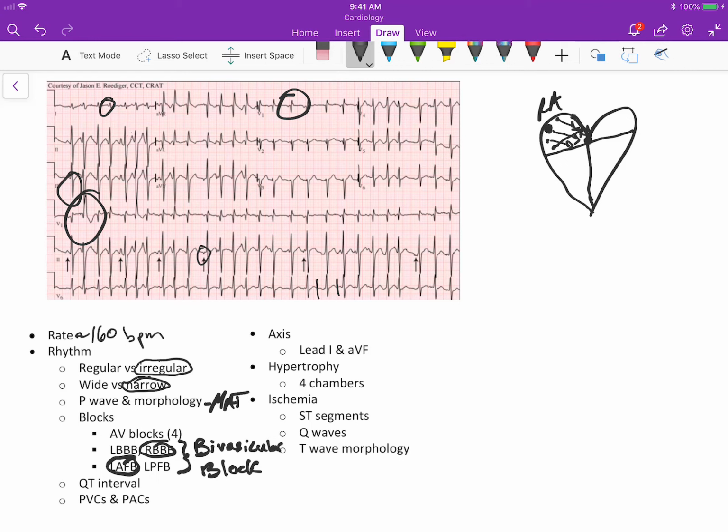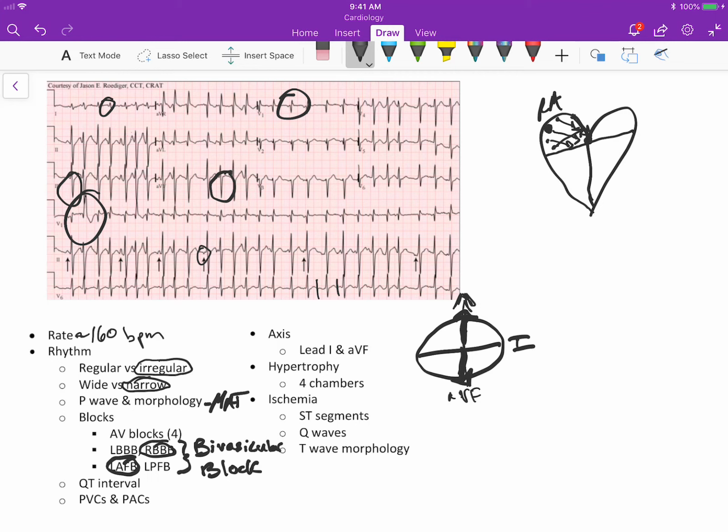Let's look at our axis. Reflex to lead 1. Lead 1 looks pretty isoelectric, so if this is 1, we know that the vector is either going here or here, because that's 90 degrees from lead 1. Let's look at lead AVF. In AVF, we see more of a negative, so this would be going away from lead AVF, which is here, of course.